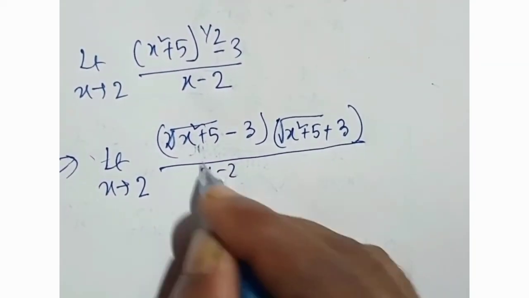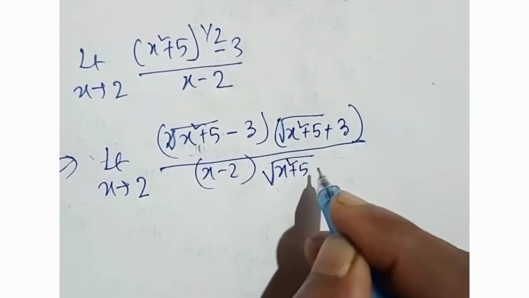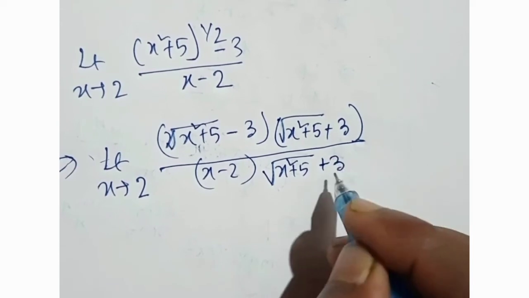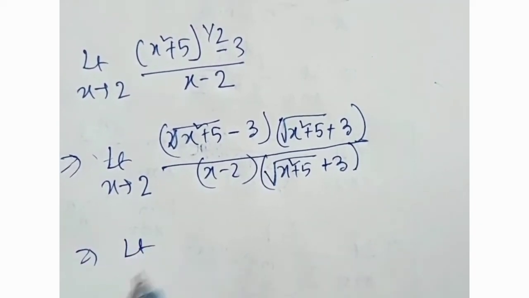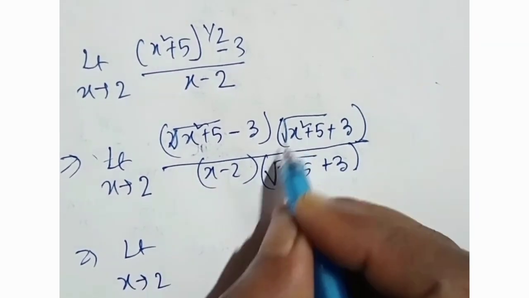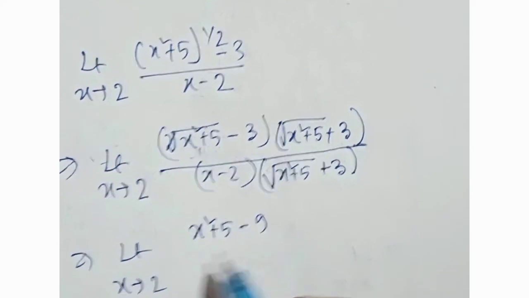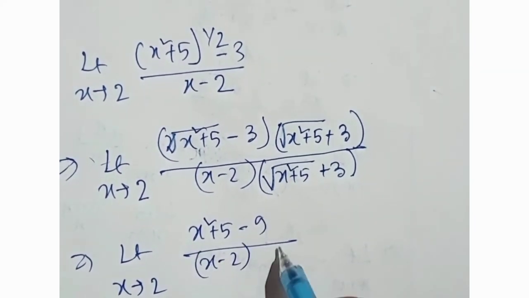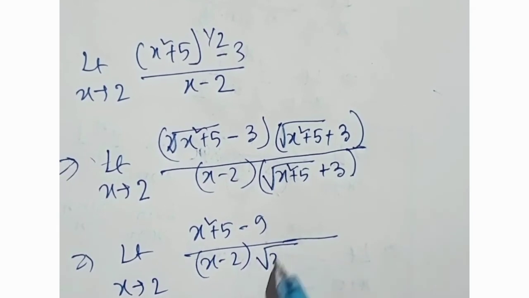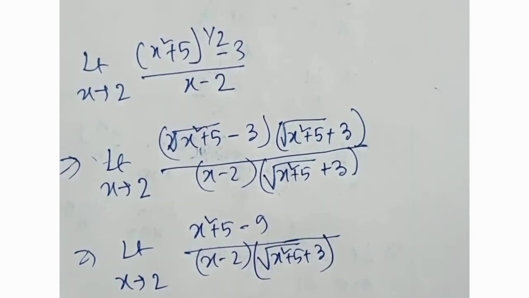So x minus 2 is root x square plus 5 plus 3, right? So limit x tends to 2, this part is simply x square plus 5 minus 9, this is (x minus 2) into (root x square plus 5 plus 3).